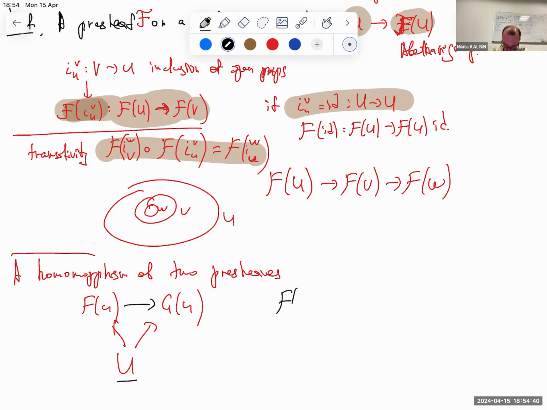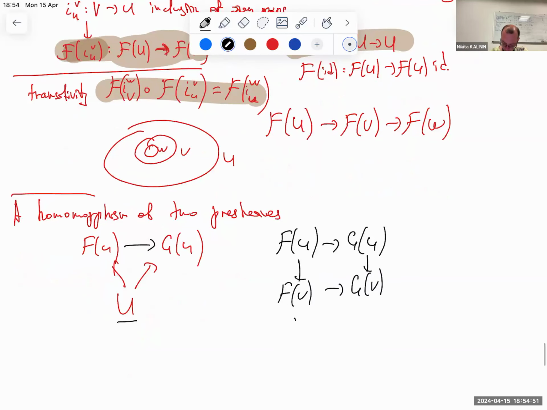So if you have a restriction to F of V, and here we have also a restriction to G of V, it should be a commutative diagram. Okay, that's the homomorphism between two presheaves.